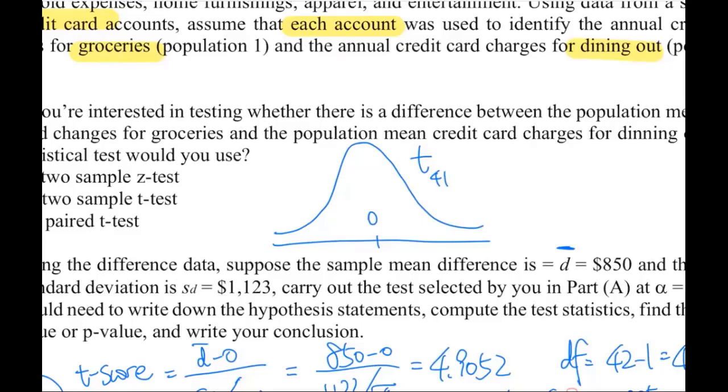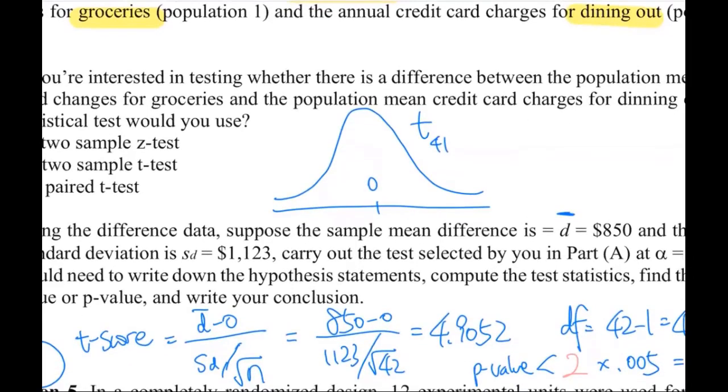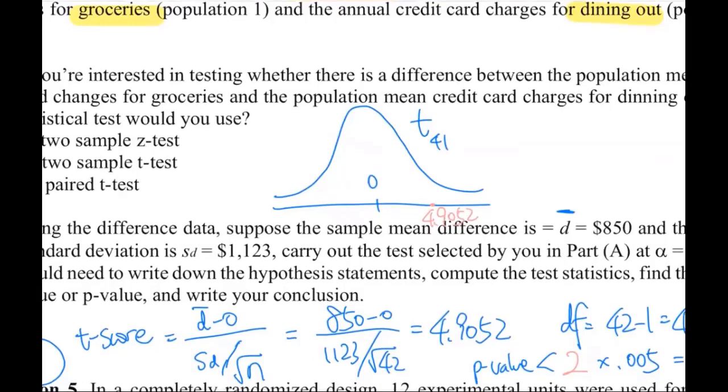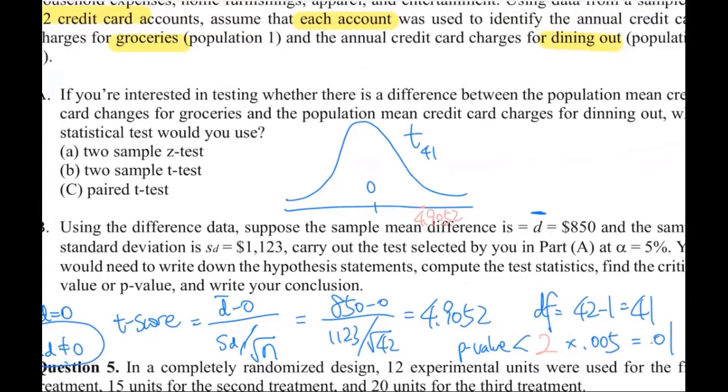Okay, so what we have here is we know the test statistic. The test statistic is 4.9052. That's the number I just found right here, right? So what we want to do is figure out the p-value. I just remind you, it is a two-tailed test. So you want to shade this upper tail, and you also want to shade the corresponding lower tail, which is minus 4.9052.